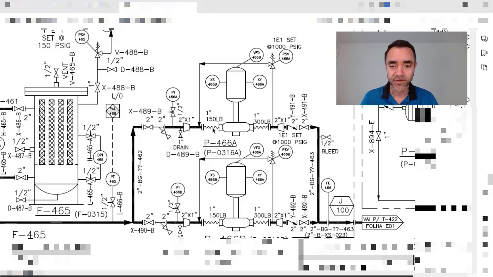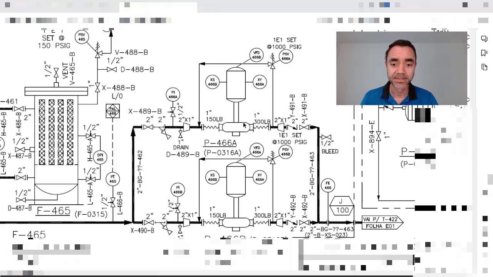We have here a flexible hose, and the flexible hose is because during the operation of the pump we can have some kind of vibration, and to dissipate this vibration from the pump to the piping, some companies decide to install this kind of fitting at the connections between the piping and the equipment, the pump.